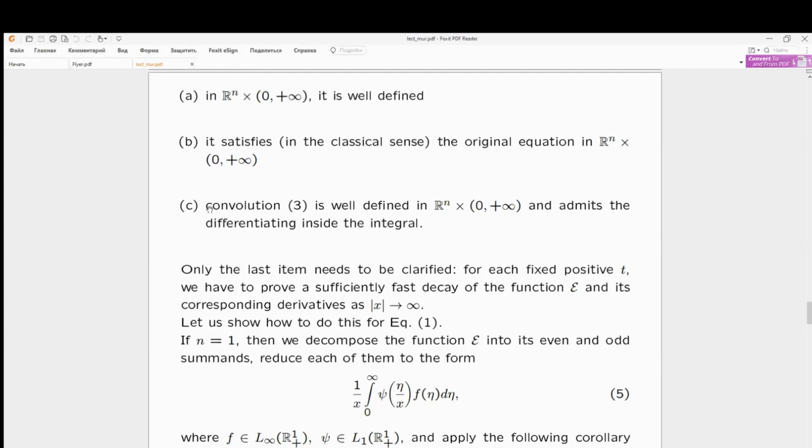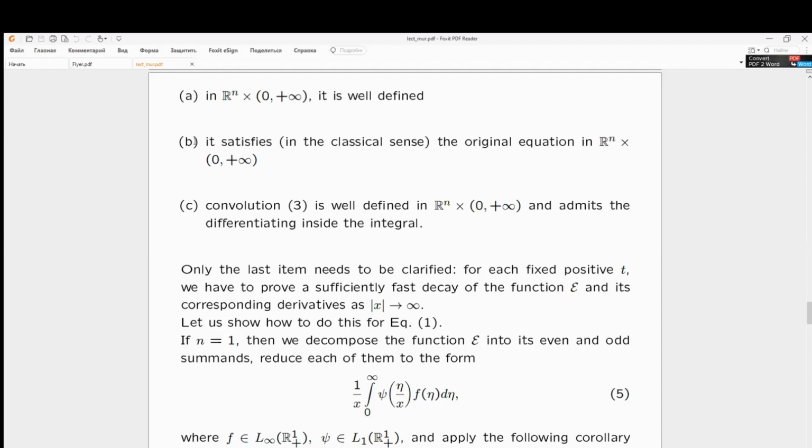And then we have to prove that not only the kernel, but its convolution with the initial value function is well defined in the same half space and admits differentiating inside the integral. Once we prove that, we already have everything, because we already proved that the kernel satisfies the original equation.